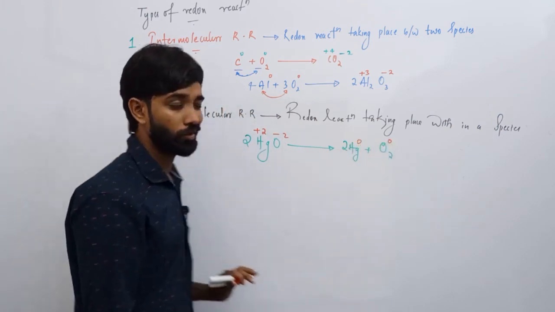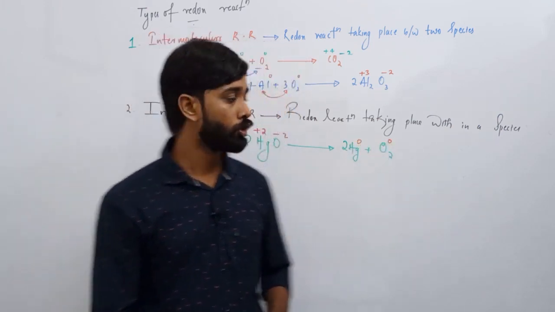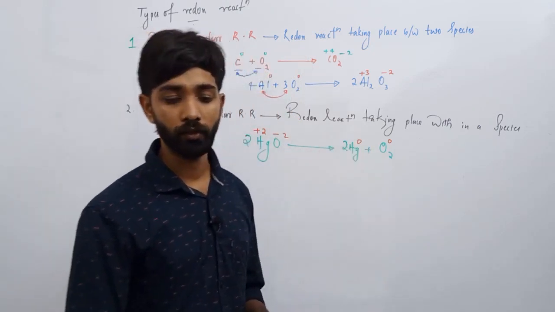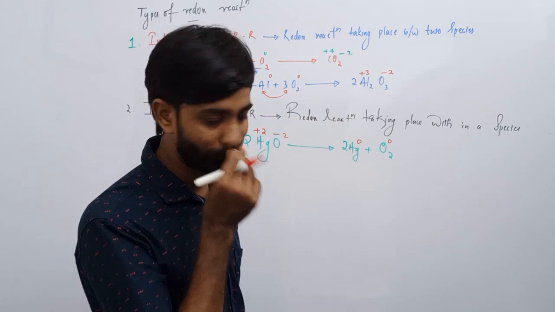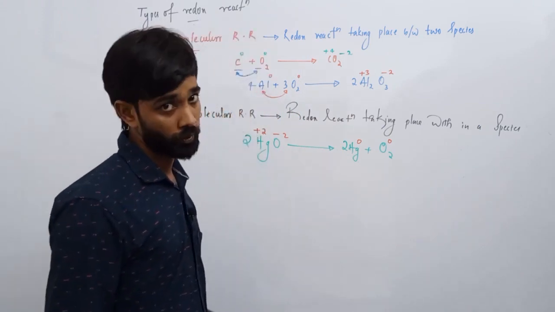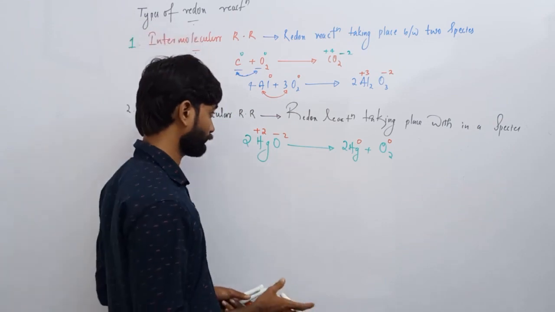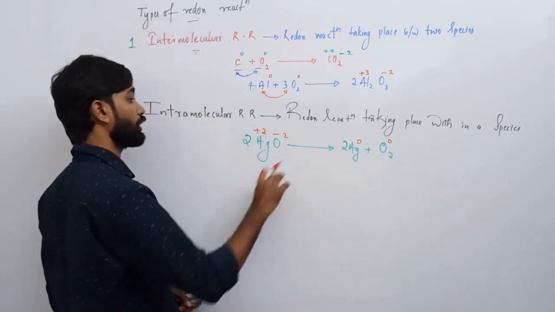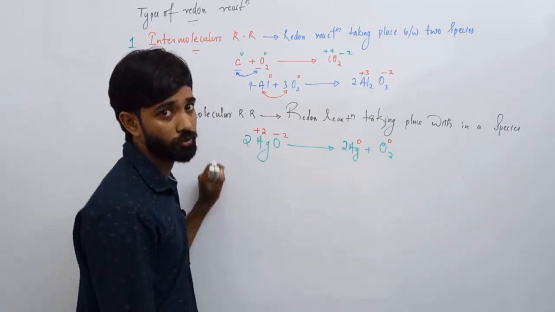So there is an oxidation reduction, right? So mercury from +2 to 0, what happens? Electron gained, reduction. Okay. And oxygen from -2 to 0, electron is lost. Fine. So oxygen undergoes oxidation and mercury undergoes reduction. Agreed?